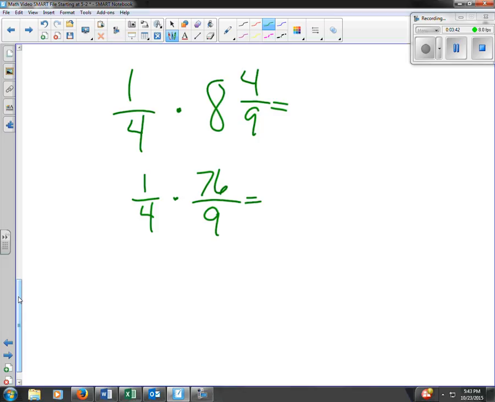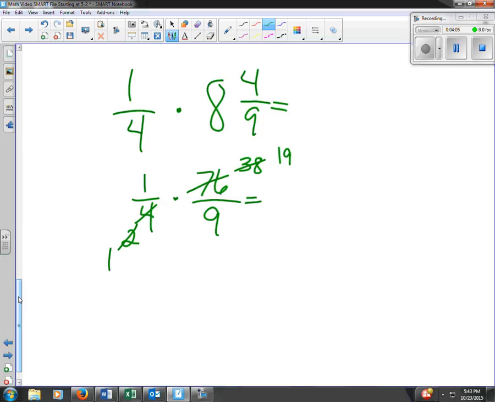Okay. All right, you can simplify things. You can at least take a 2 out, and you would get 38, and then you can take another 2 out, and then you would get 19.